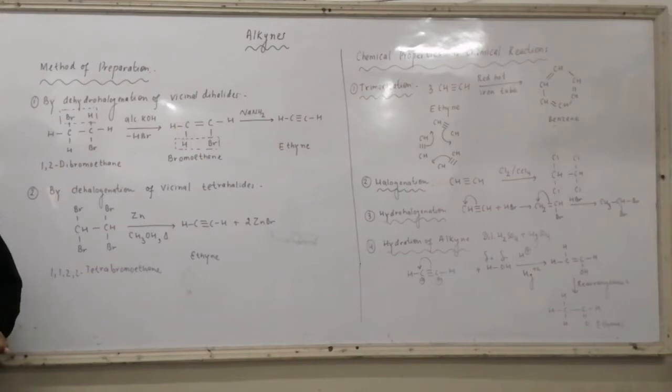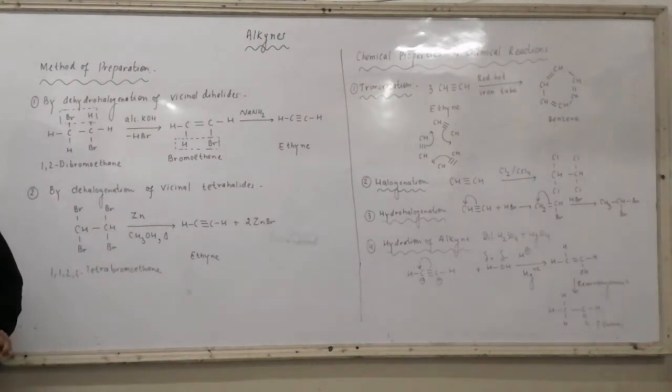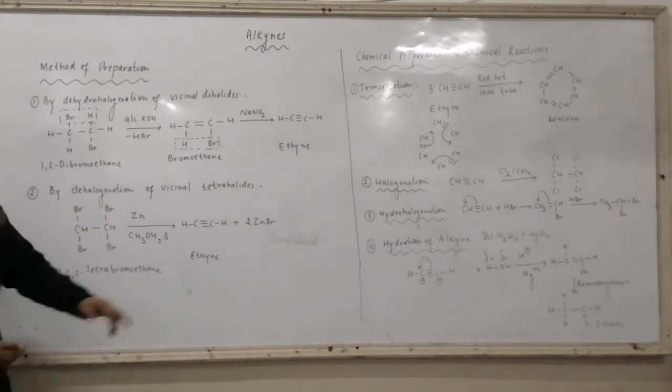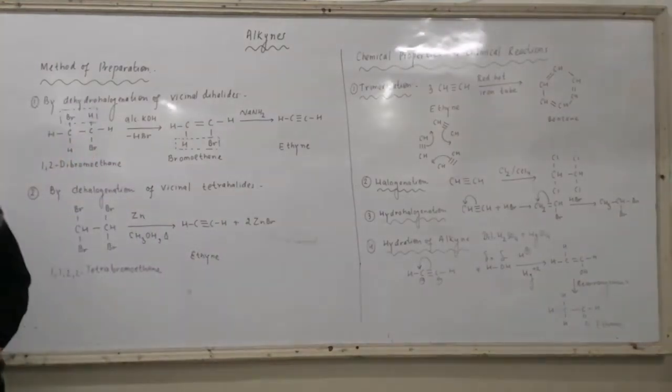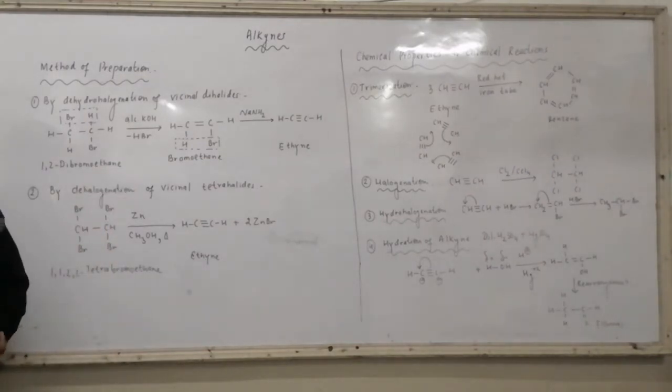When heated with zinc powder in presence of CH3OH, then Br will react with Zn to form ZnBr2. So Br with Zn forms ZnBr2.